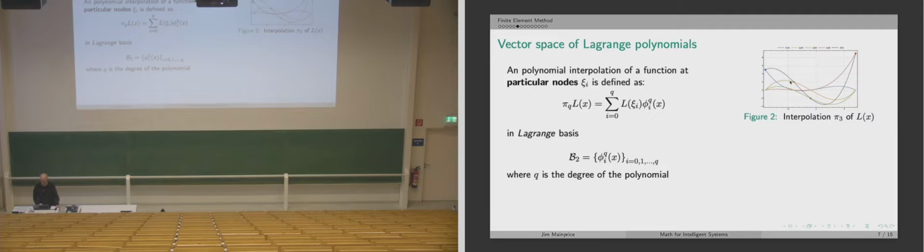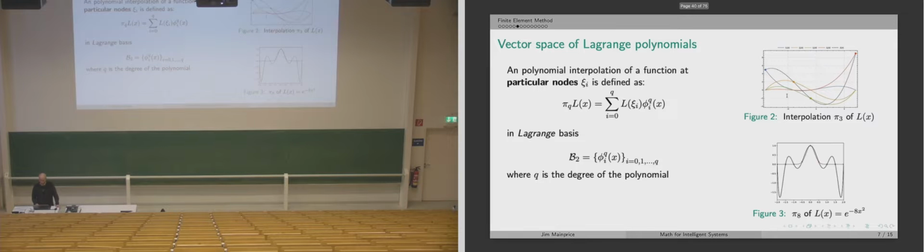Here we have 4 values used, and this is called pi_3. Counting from order 0 to order 3, pi_3 of L of x, given these 4 values, gives us an interpolating polynomial, which is the dotted line here, and the basis vectors of our vector space of Lagrange polynomials are all these colored curves.